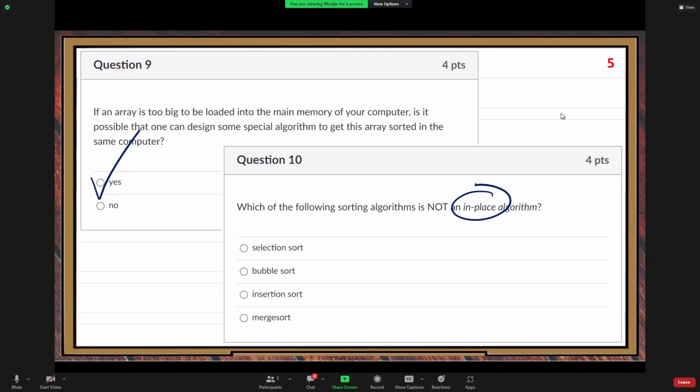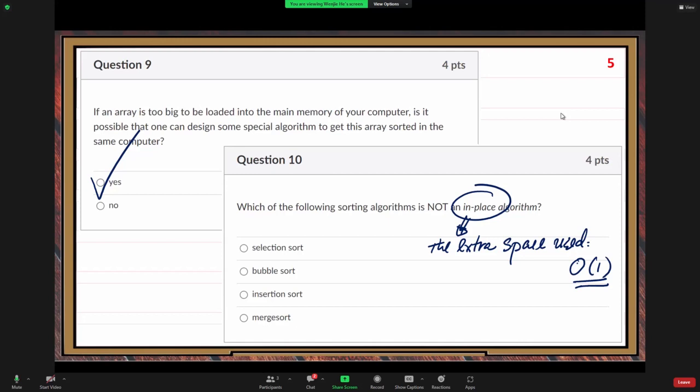Here, in-place algorithm means, let's review the meaning of it, the extra space used for this algorithm is big O or big theta of 1. It's better to say big O. Here we use big O of 1, probably better than big theta of 1, right?